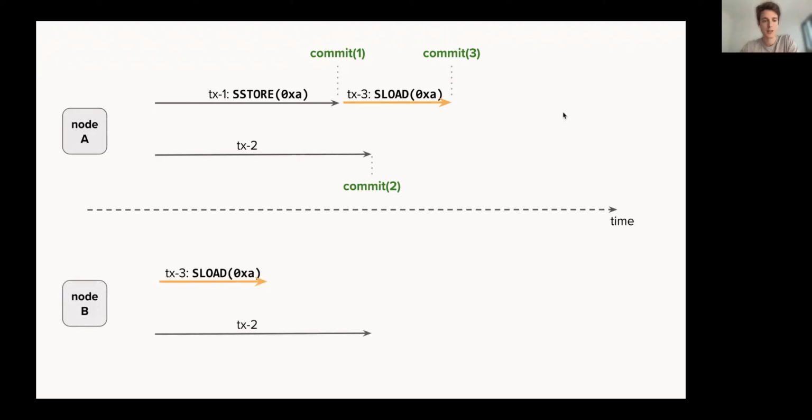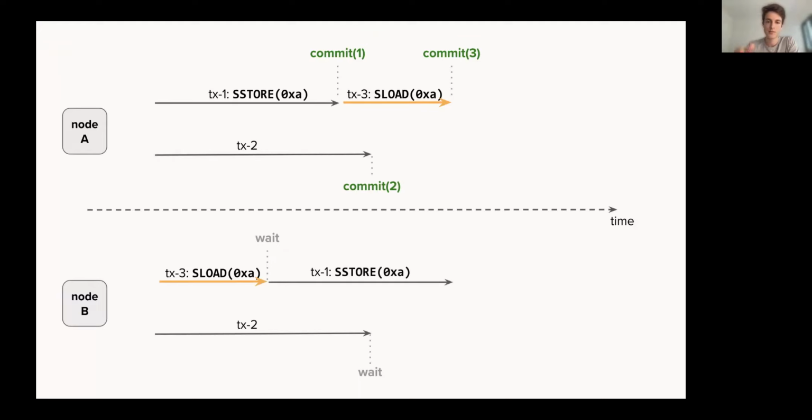Let's assume, however, that node B chooses a different schedule. It actually starts with transaction 2 and 3 being executed first. At this point, we cannot commit the transactions yet because we need to keep the same serialization order. So we need to wait for transaction 1 first. Transaction 1 is executed.